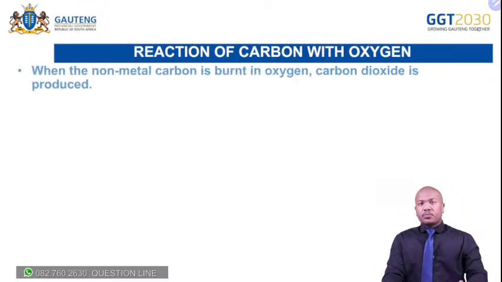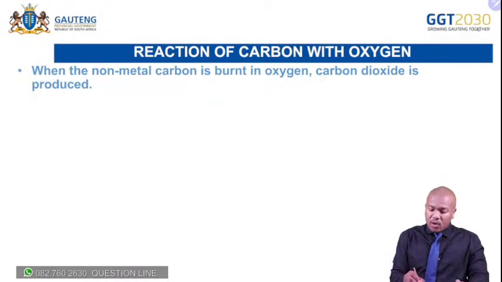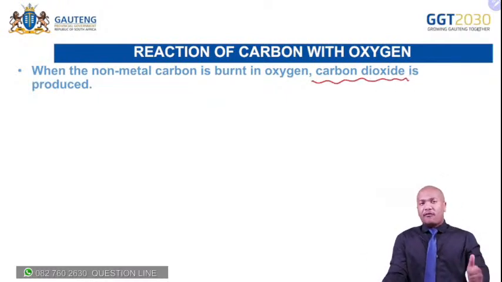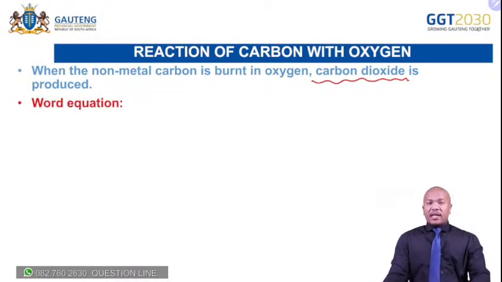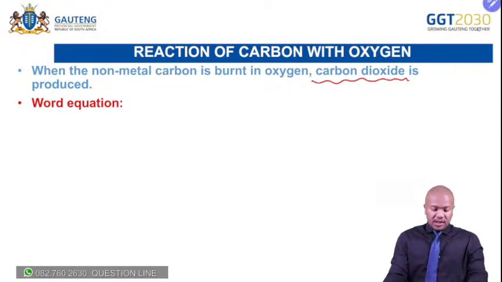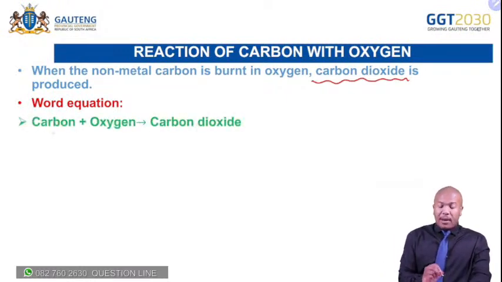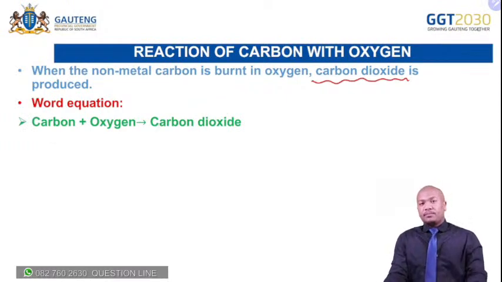So now, when the non-metal carbon as a whole is burnt in oxygen, the product, which is carbon dioxide, is formed from that reaction. Also, the word equation for this reaction is carbon plus oxygen forming carbon dioxide.